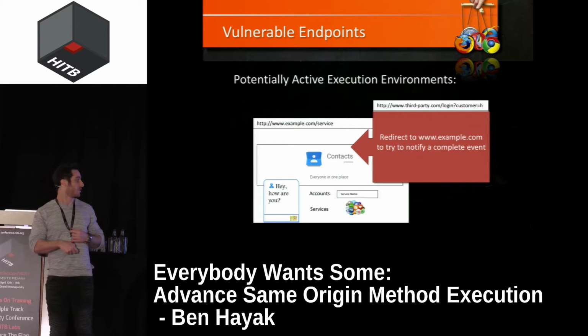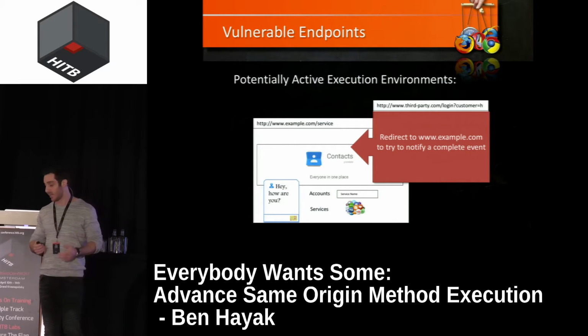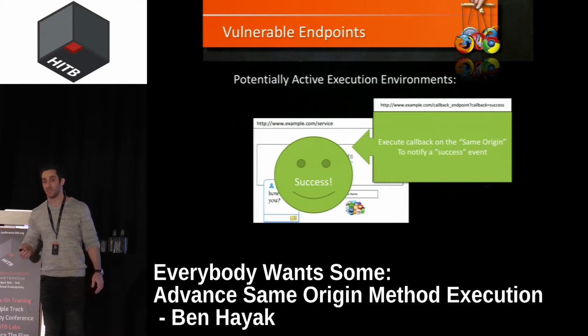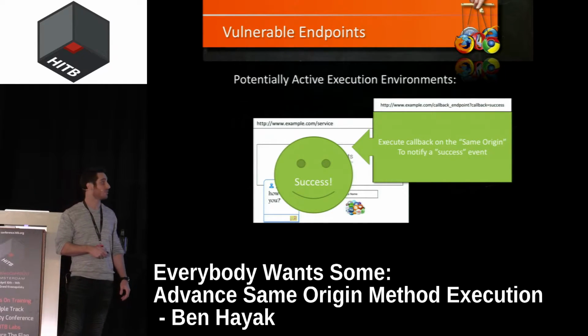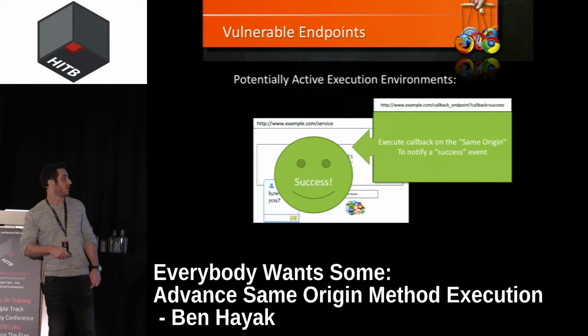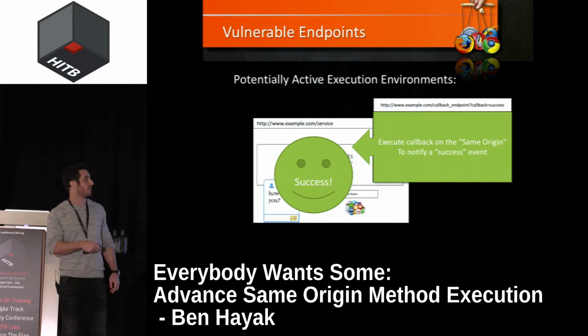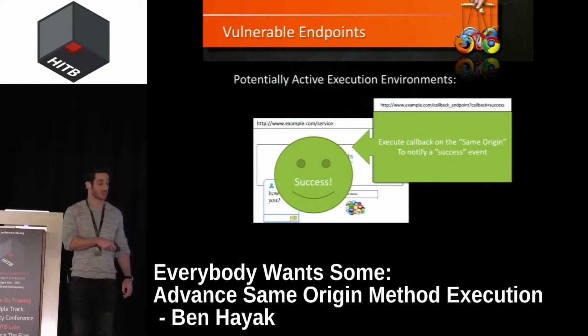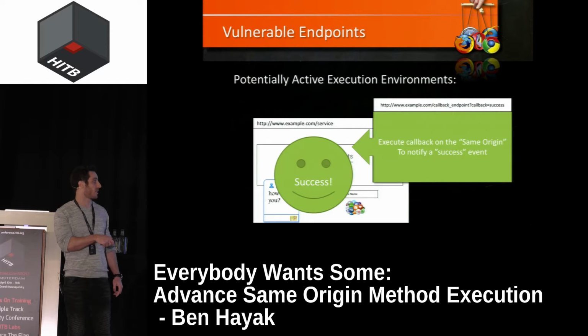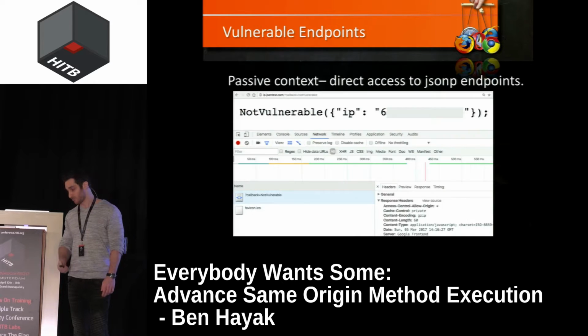So it needs to notify some complete event or any other event. Developers may use JavaScript to do this because it's fairly simple. You'll see reasons for this in the next slide, but they can do this using the callback parameter and typing in some JavaScript functions. So this is a good place to start looking for same origin method execution vulnerabilities, because this needs to interact with the page somehow. It will do it with redirection and stuff, but this is a good place to start.